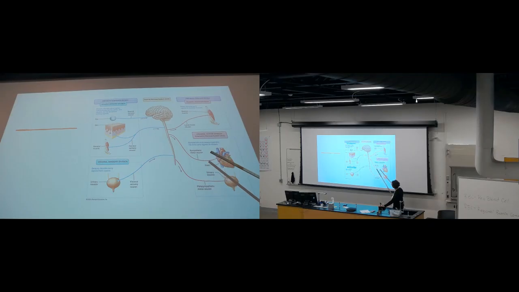And then for the ANS, the two visceral subdivisions, the sympathetic and the parasympathetic, also carry efferent or exiting information from the spinal cord, but in this case it is involuntary because it controls internal organs like the heart and the urinary bladder.